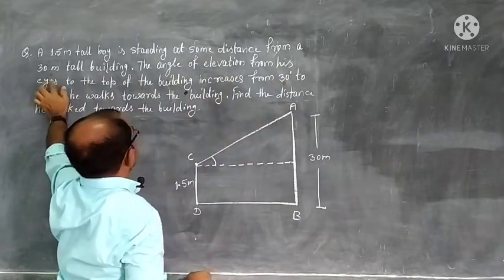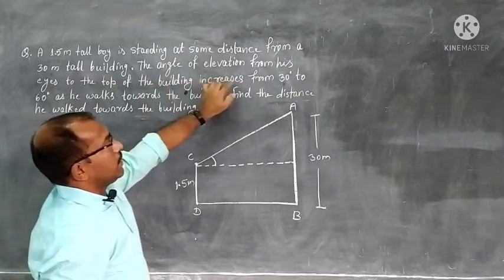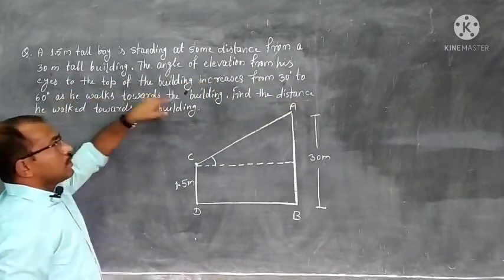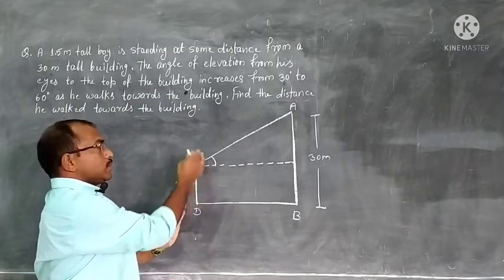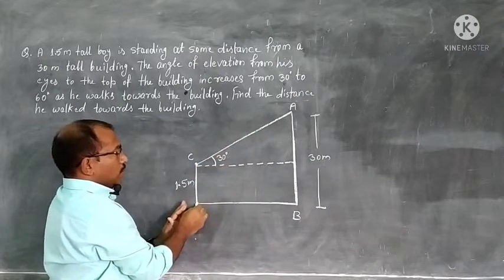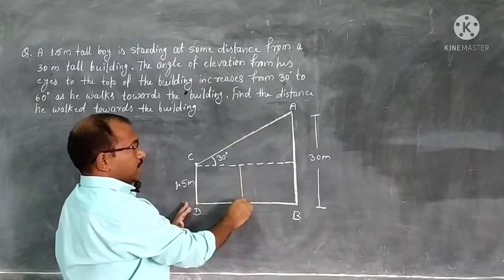But once again you see, the angle of elevation from his eyes to the top of the building increases from 30 to 60 degrees as he walks towards the building. So, at the first position he was here, looking at the building top, the angle was 30 degrees. Now, he walked towards the building, say he is reaching here.